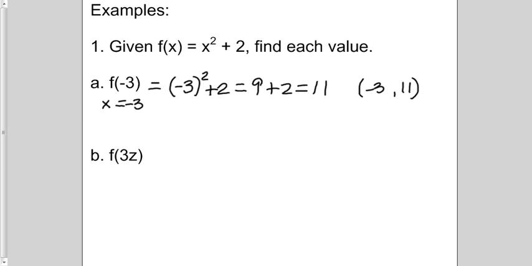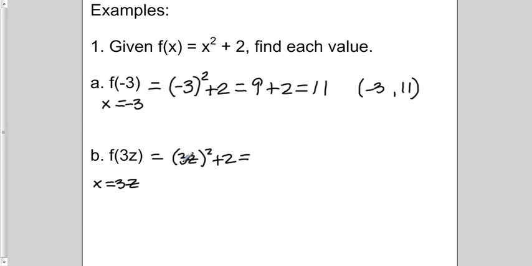That's function notation. In letter B, we're plugging in 3z for our input, for our x values. So we're finding f of 3z. That means replace x with 3z. All right, so it looks like this. Instead of x squared plus 2, I'm going to take out the x and plug in 3z. So I've got (3z) squared plus 2.